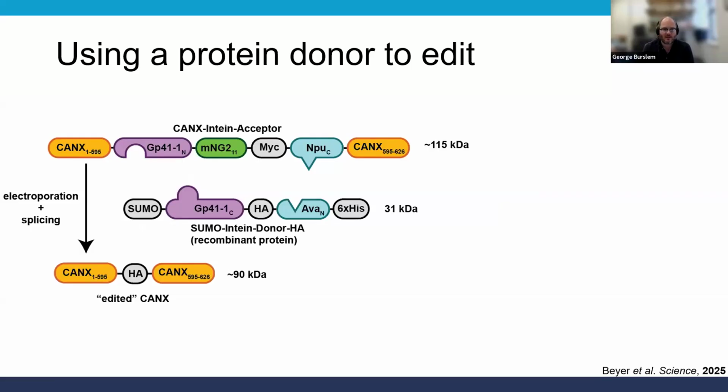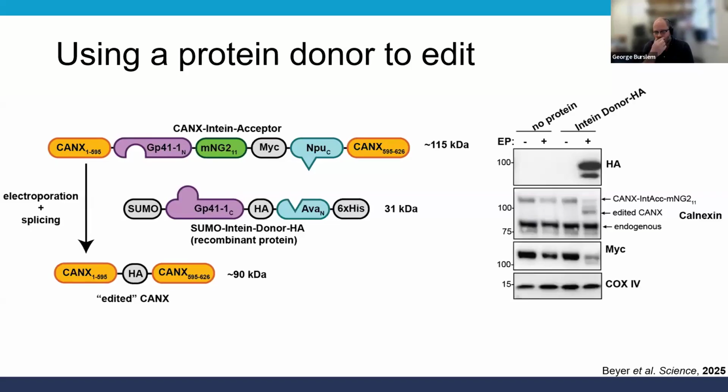So we have a GP41 N-terminal domain, a part of a split GFP and a MYC tag for tracking. Then we have the C-terminal domain of the NPU-AVA split intein, and then the rest of the calnexin protein. We also expressed and purified the SUMO GP41C, HA, AVA-N histag protein, which we could purify in E. coli, and we deliver that into cells by electroporation.